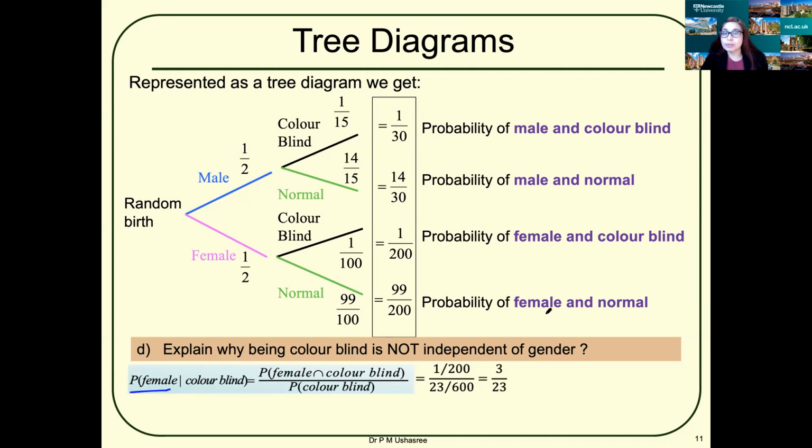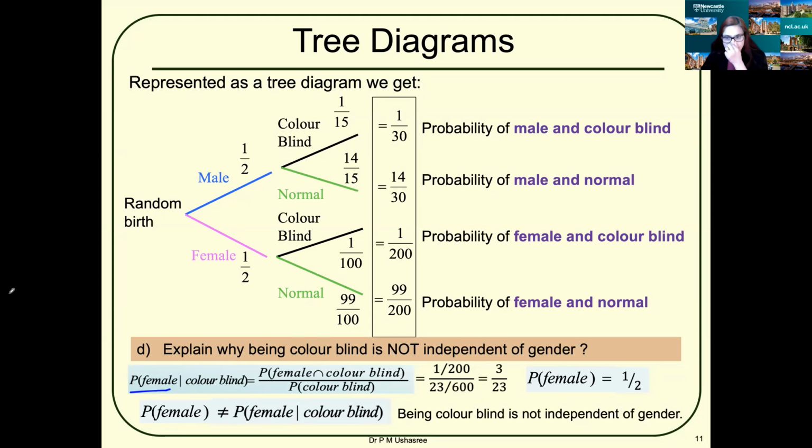So what is the probability of picking a female? 50%, isn't it? That is the probability of just picking a female. You can see clearly that this is not equal to this. So the two events are not independent. So being colorblind is not independent of gender.